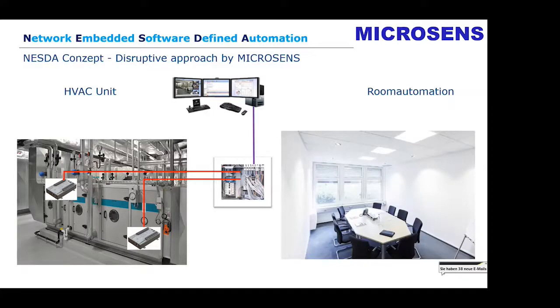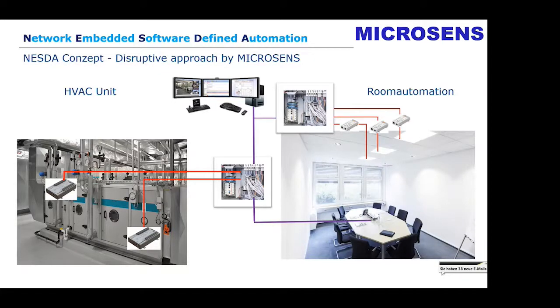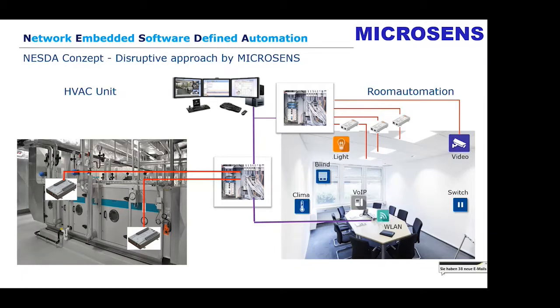In parallel, you can use the same box, for example, in the suspended ceiling, to run the smart light controller to control the light, or over some direct connection, other data from the room. And the same box, which on the left side is doing the automation for the cabinet, is controlling a room only by changing the application inside the switch.